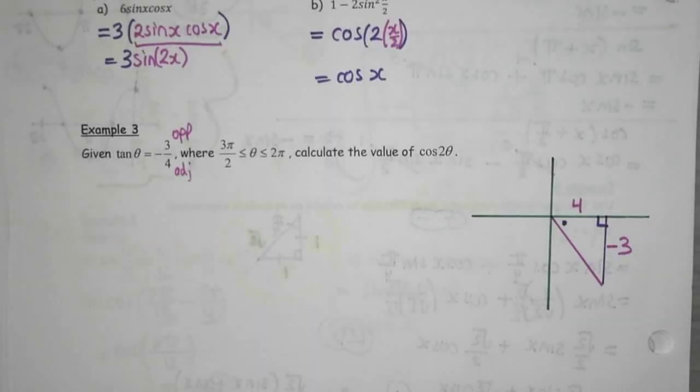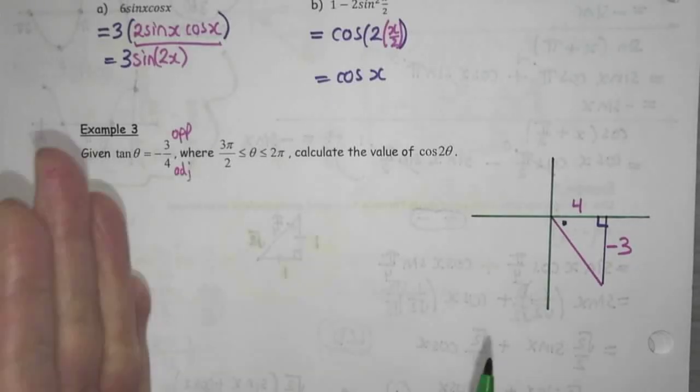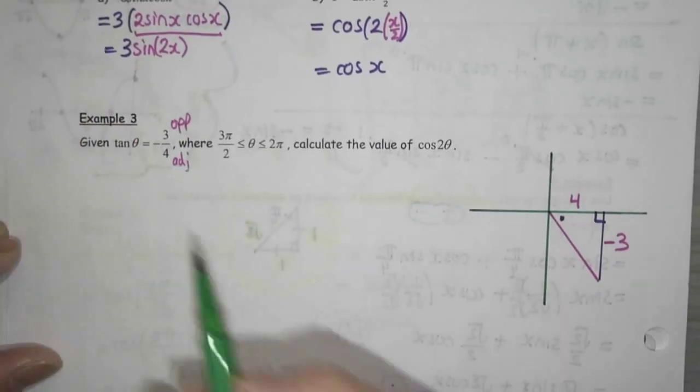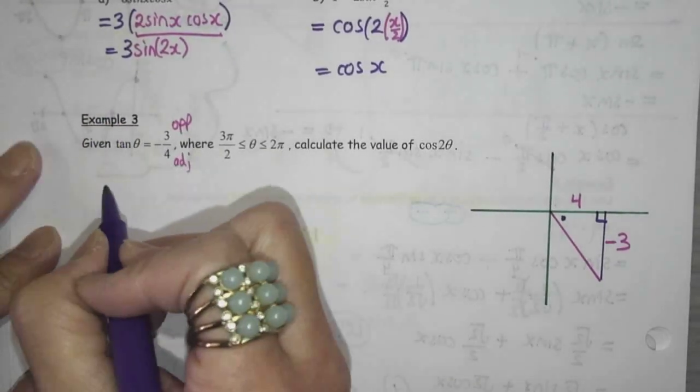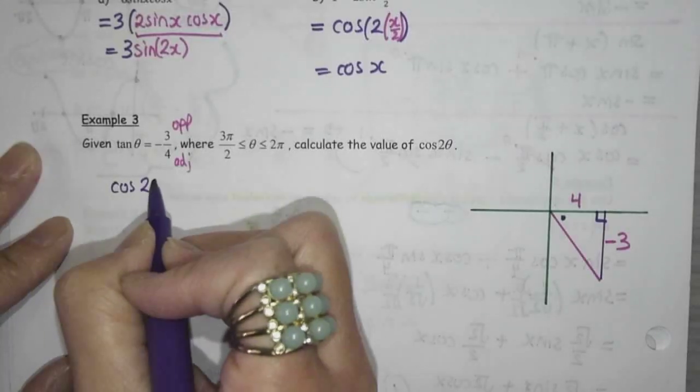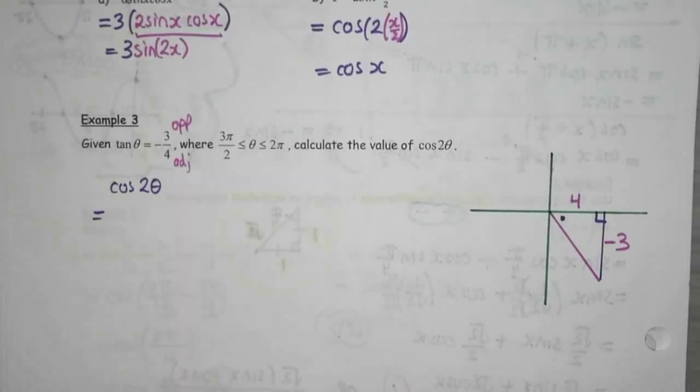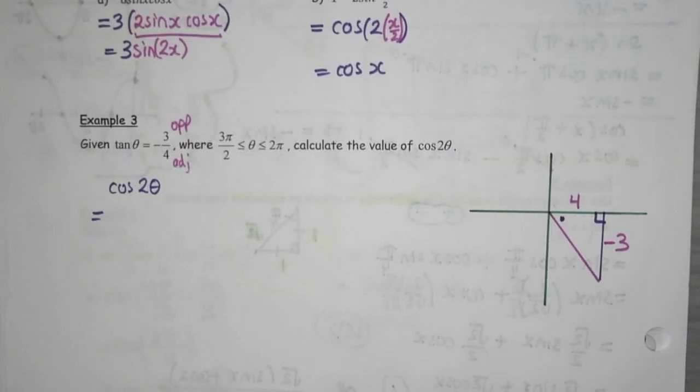TOA, we've got that. Now I drew that, and I don't even know what the question is. I just know that that's the information I got. I want you to calculate cos of 2 theta. This is not a big question, so I'll just start it over here. So cos of 2 theta equals, and I have my formula.